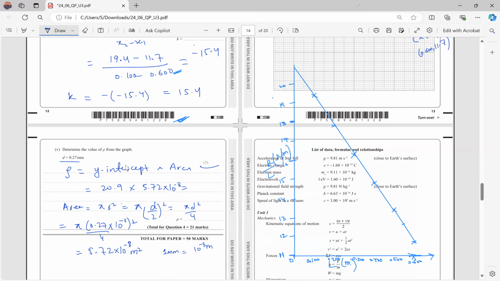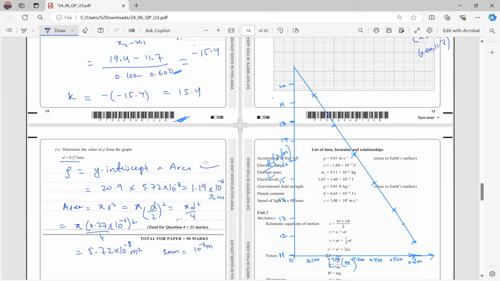And that gives you 1.19 times 10 to the power minus 6 ohm meters.